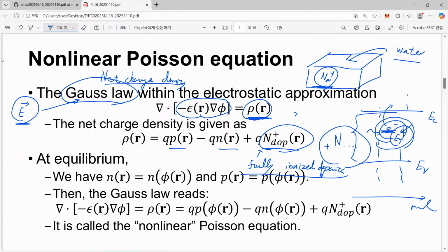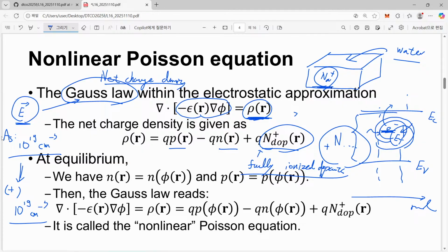For example, if the arsenic content is 10 to the 19 per cubic centimeter, then it contributes positively charged arsenic atom cores whose volume density is also 10 to the 19 per cubic centimeter.